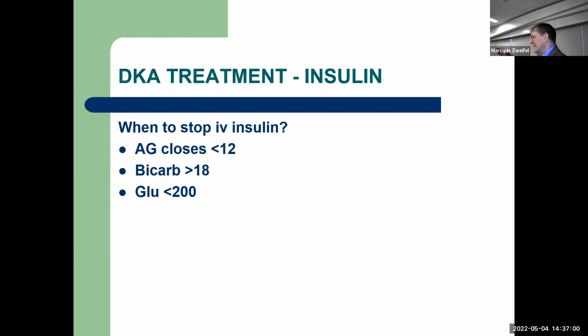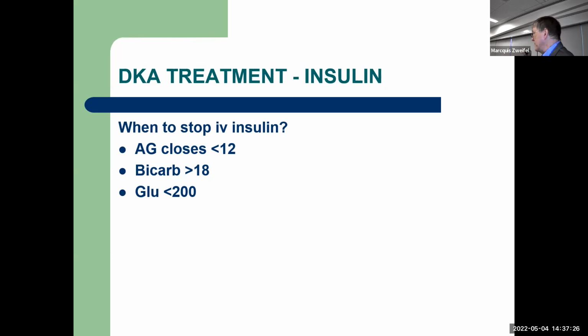In the meantime, after 30 minutes, there's no more insulin on board. What happens to the sugars? They go up, person can go back into DKA. But if you have Lantus on board already, you buffer that and you protect that patient against that problem. So we would say, get the Lantus on board.